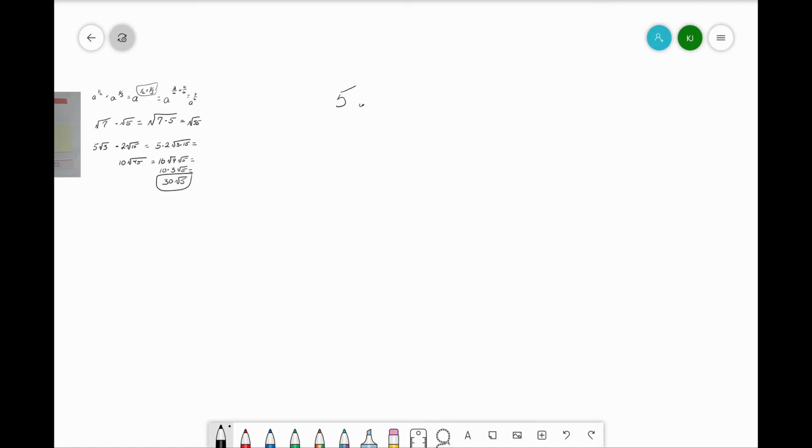So question 5 is 3 square root of 20 times 2 square root of 2. So like I said, we're going to combine like products. We're going to combine 3 and 2. So we have 3 times 2 times the square root of 20 times 2, which can then be combined even further. 3 times 2 is 6. 20 times 2 is 40.